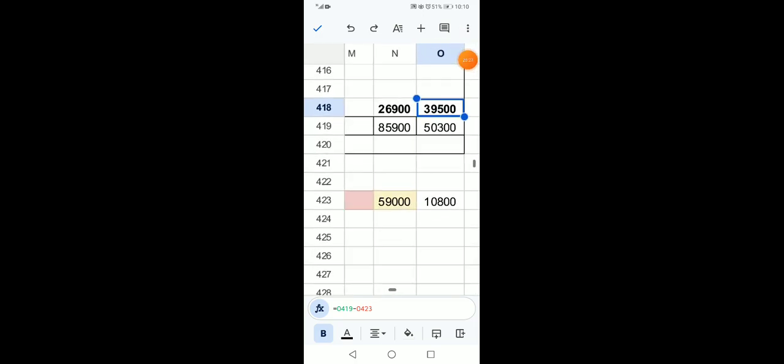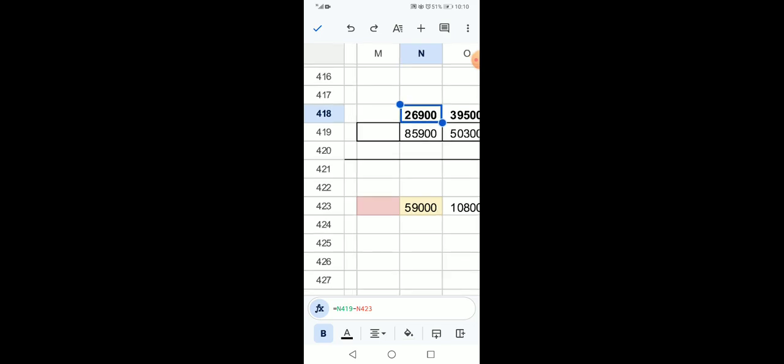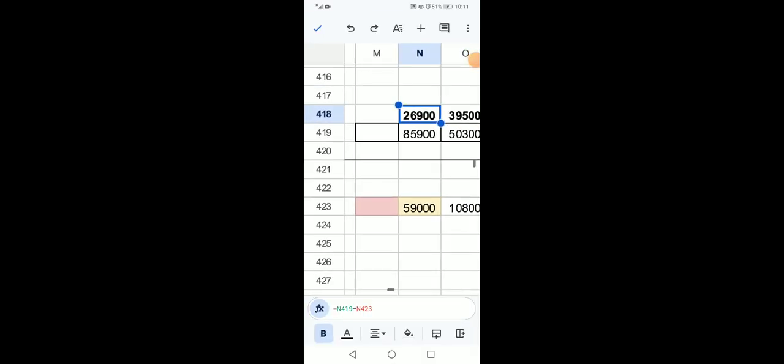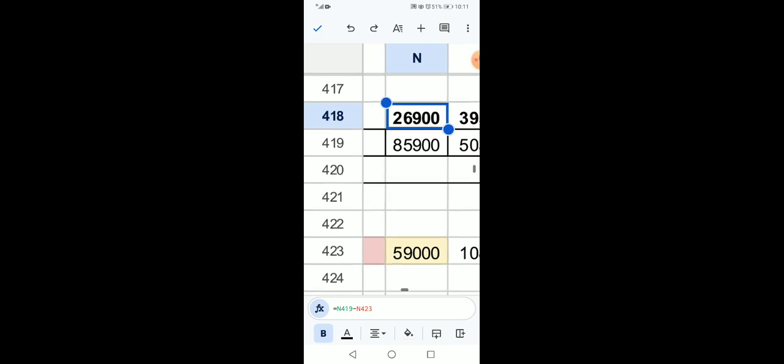These balances are the answers and would be given in the question. Perhaps you have noticed that answers were mentioned in the question. Anyways, this is your first answer, which is your cash balance. Let's check what is given in the cash balance. This was your illustration and answers were mentioned over here at the upper side. First answer is 26,900, which is cash balance, and our answer is also 26,900.